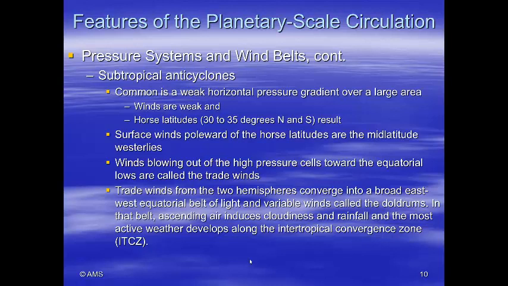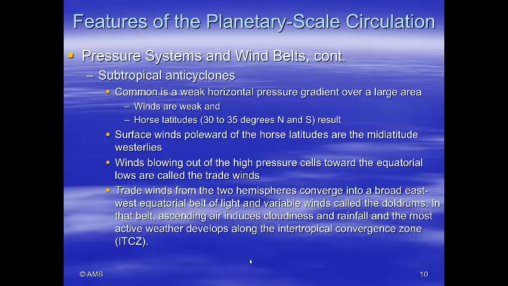So surface winds poleward of the horse latitudes are called the mid-latitude westerlies. And winds blowing out of the high pressure cells towards the equatorial lows are called the trade winds. The trade winds from the two hemispheres converge into a broad east-west equatorial belt of light and variable winds called the doldrums.